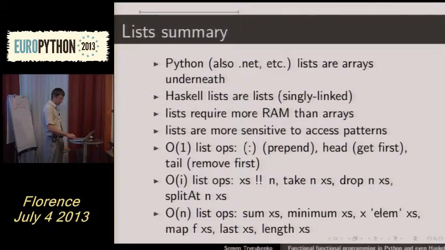And lists are more sensitive to access patterns. So we have the following constant operations, such as prepending, retrieving the first element, or removing the first element. We have the order of i complexity operations, such as indexing, where i is the position of that element in the list, take, drop, and split, and so on.